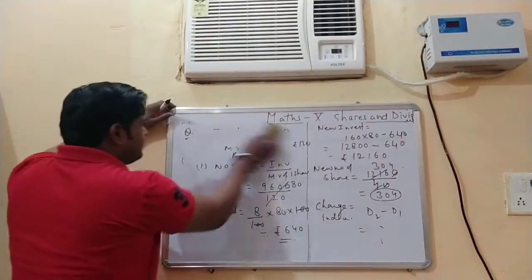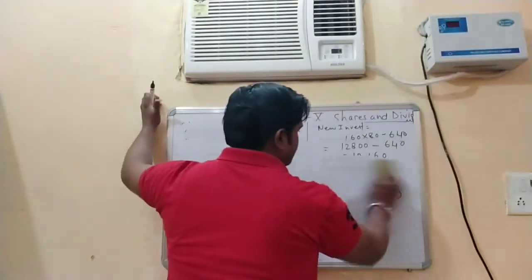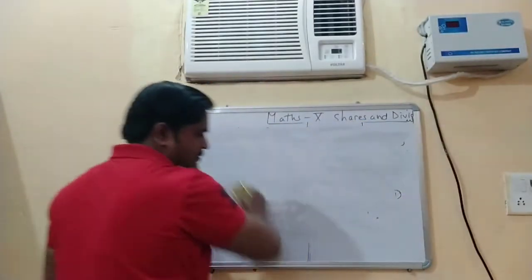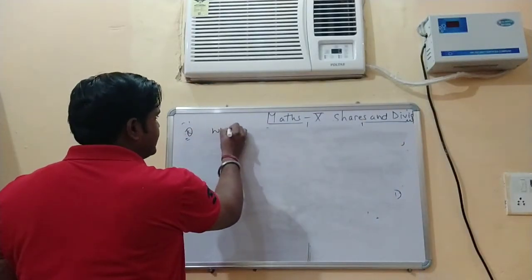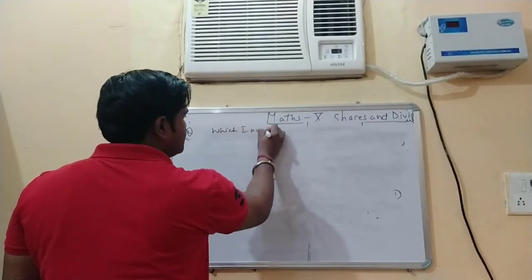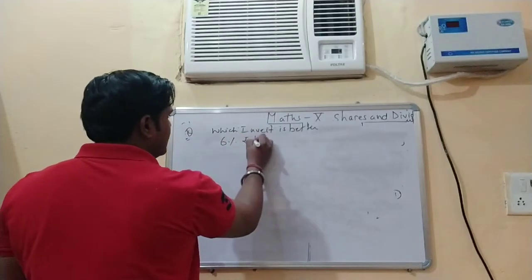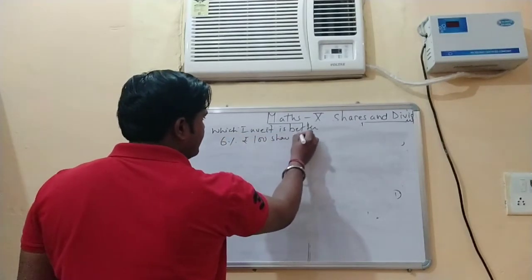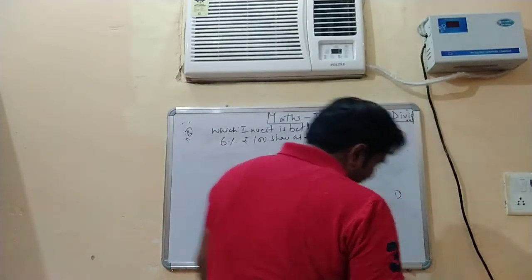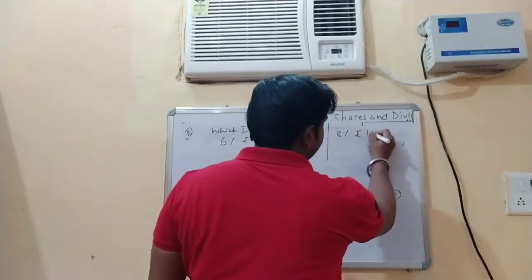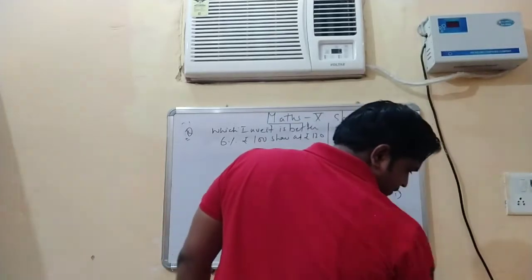So for that student, what you have to do, you just have to compare the investments. Like the question is, which investment is better? 6% rupees 100 share at rupees 120, or 8% rupees 10 share at rupees 15.